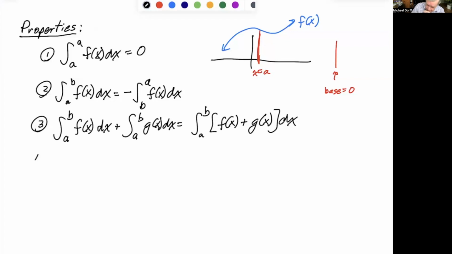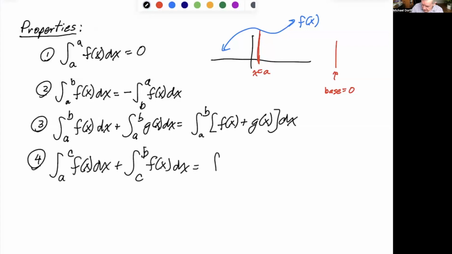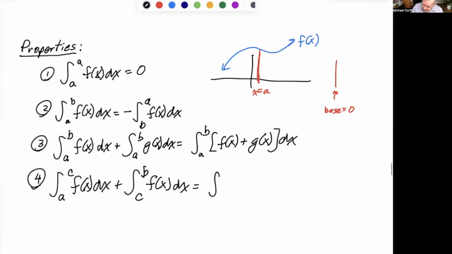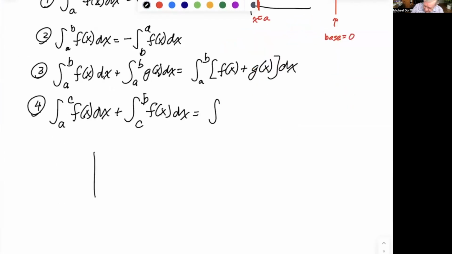And then the fourth property is if I've got an integral from a to c of f of x dx, and then an integral from c to b of f of x dx, that's going to equal the integral. Well, let's see if this makes sense. Let's look at this picture here.